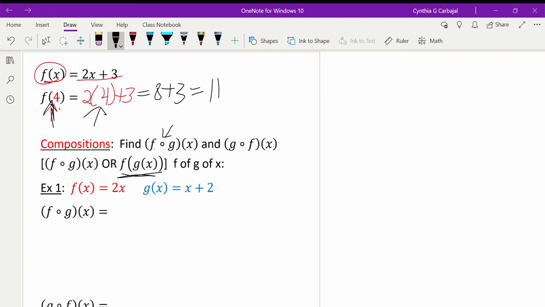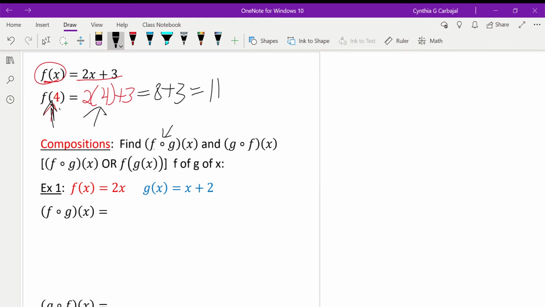Let's look at our first example. Again, I like how it looks like this first. I think that makes more sense. So in our first example, it's written f composite g. I'm not sure how to say it.